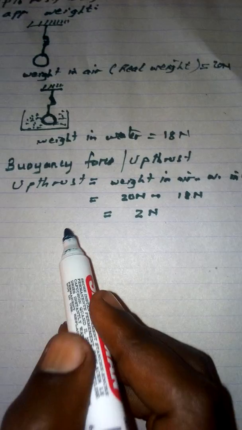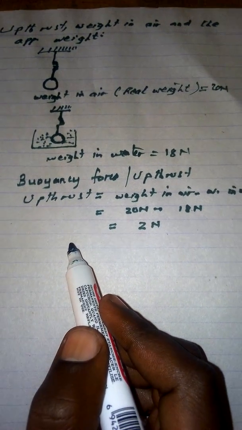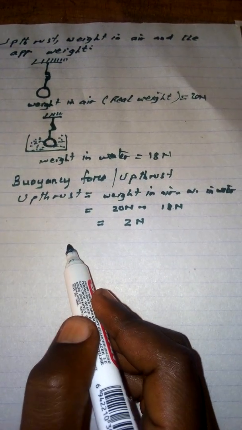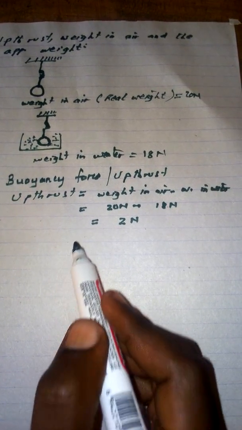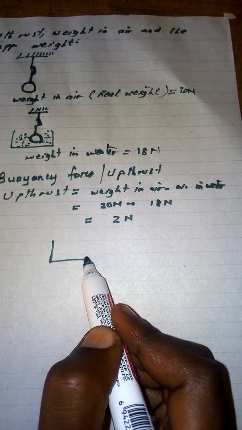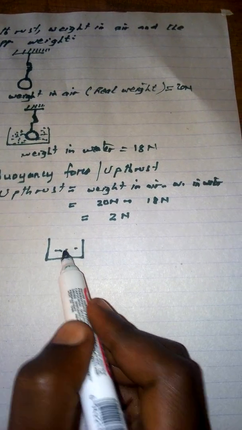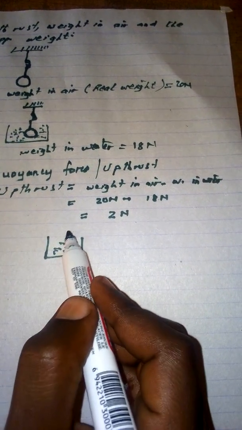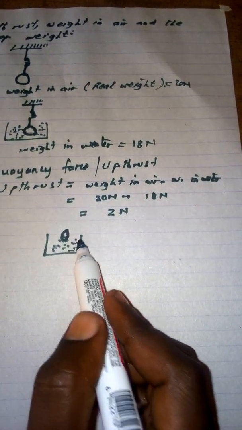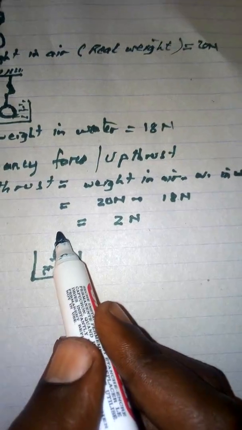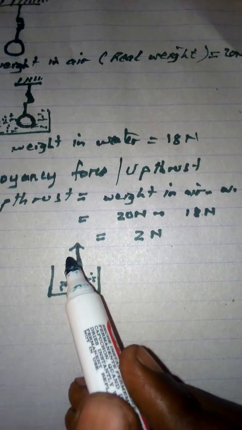So he realized that whenever you take an insoluble salt and you immerse it inside the water, of course, there are two forces which act on it. Let's say this is water, and this is the piece of stone which is immersed inside this water. There is a force which acts upward.